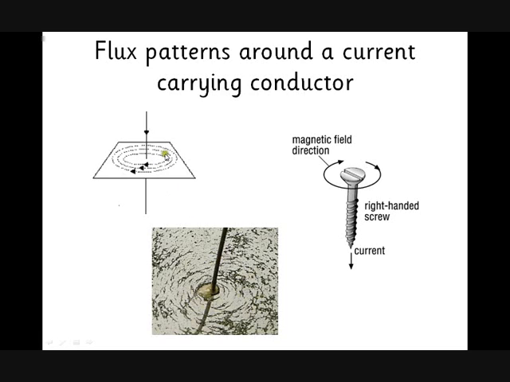There's a way of remembering the direction of the field, called the right-handed screw rule. To screw a screw inwards, as the screw moves down you have to turn it towards the right. So if the current is flowing down, the magnetic field goes around to the right.